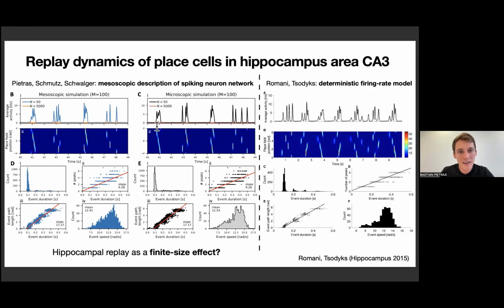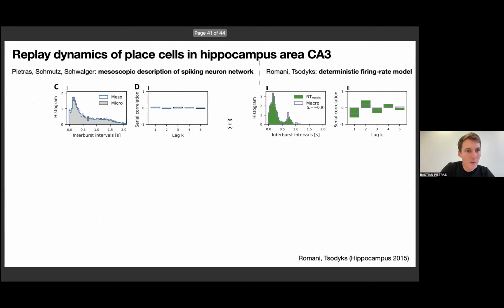So if we look at the sequences of replay dynamics, the intervals between two bursts, then in our mesoscopic description, we have a unimodal Poisson-like interburst interval distribution, and there's hardly any serial correlation between consecutive forward or backward replays.